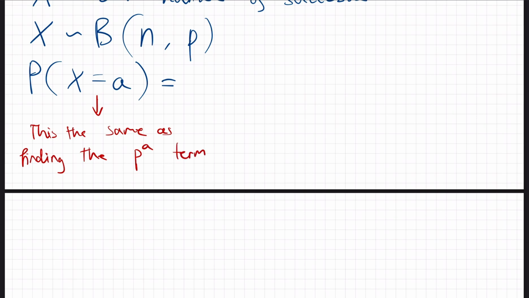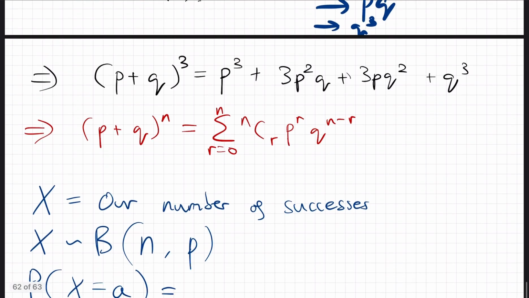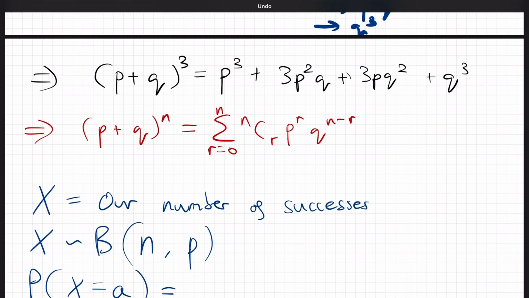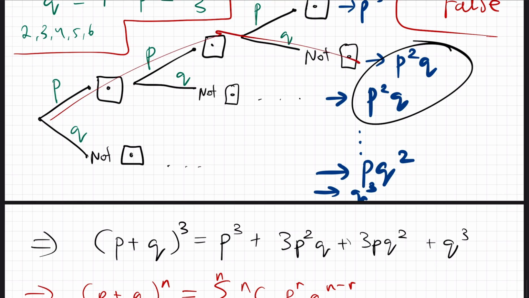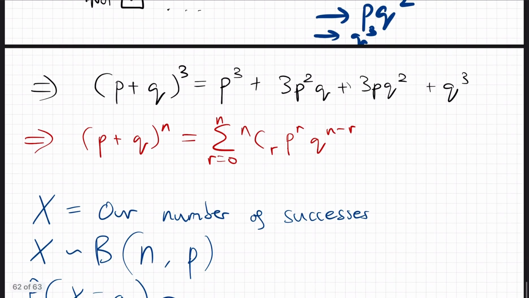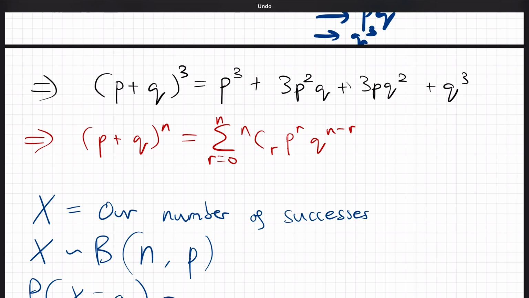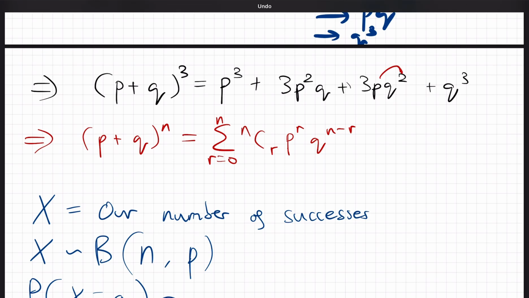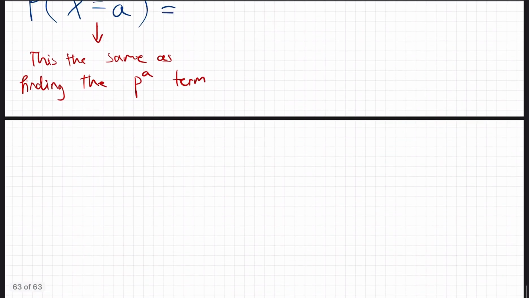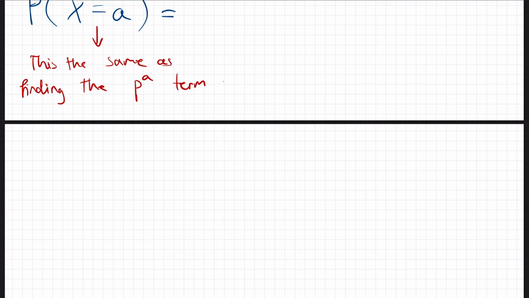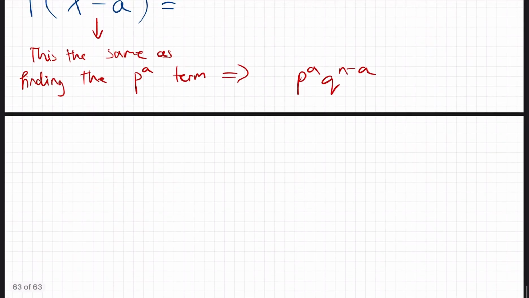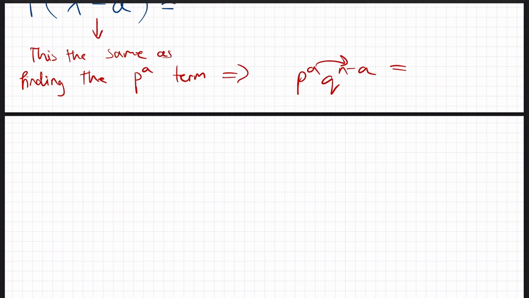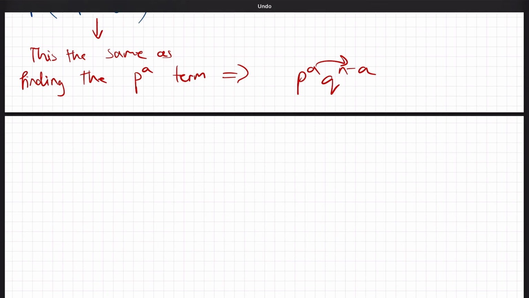And of course, since the exponents always have to add up to n, because you're always going to go a total of n columns, you can see this is 3, this is 2 plus 1, this is 1 plus 2, and this is 3, so they always have to add up to this original n. So finding the p^a term also means we have to find a p^a q^(n minus a) term, because when you add these together, that just gives you n.